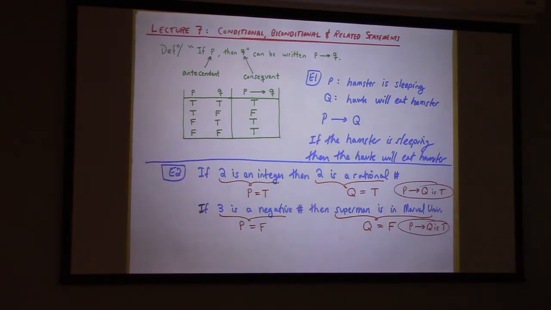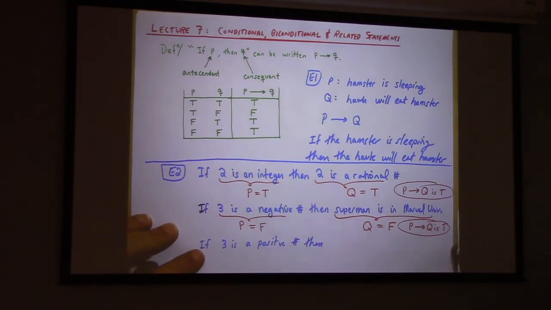Let's see if we can come up with one more example here. How about: if 3 is a positive number, then... I just need you guys to give me something false.